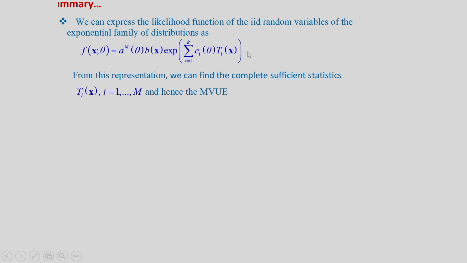From this representation we can find out the complete sufficient statistics as Ti x, i going from 1 to k. From that complete sufficient statistic we can find out the MVUE, because we have to find out a function of Ti x which is unbiased, and that will give you the MVUE.